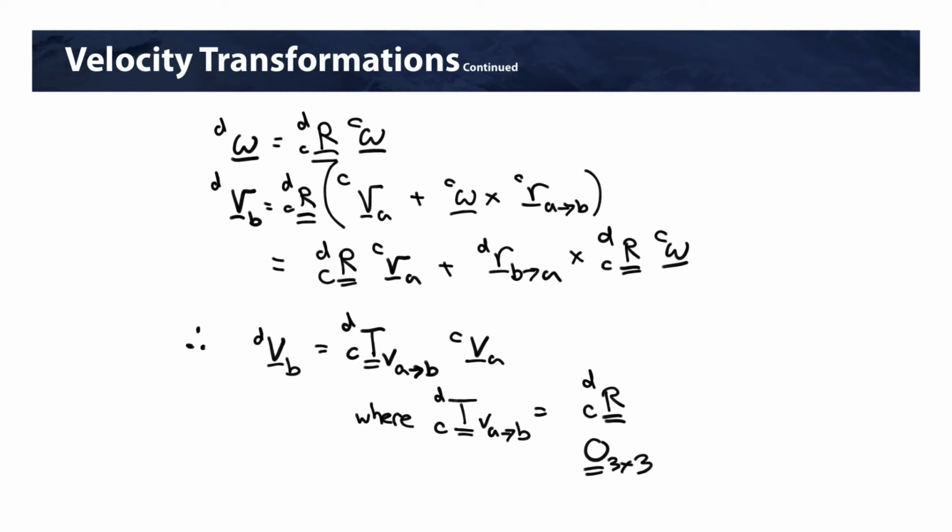And then in the upper corner here, we have R tilde, which is a skew symmetric matrix that allows us to do that cross product. So I'm just going to write that over here.